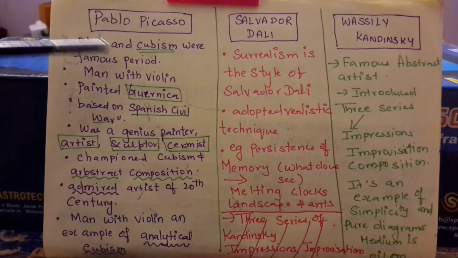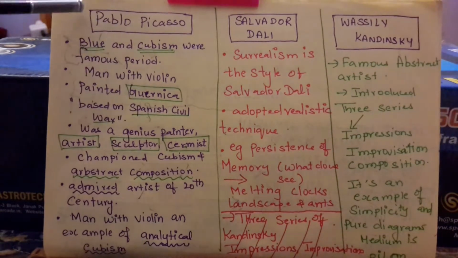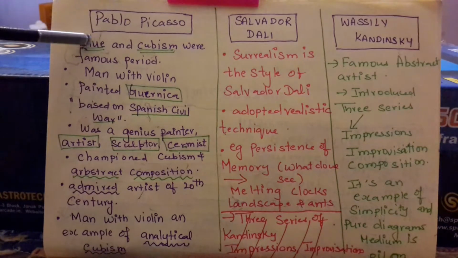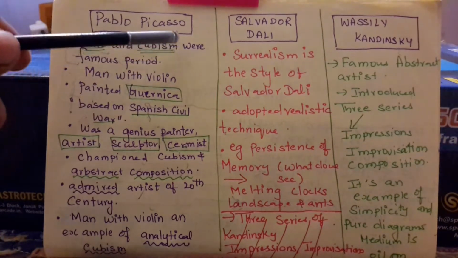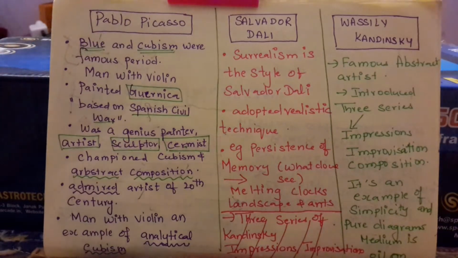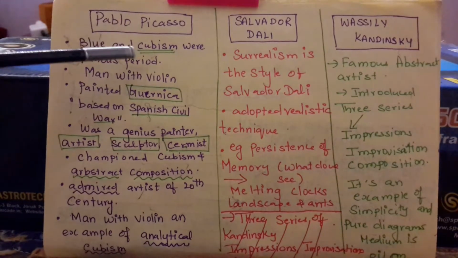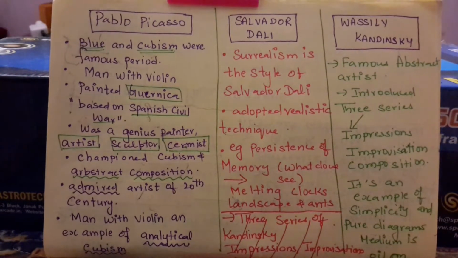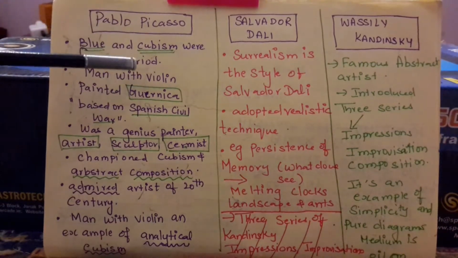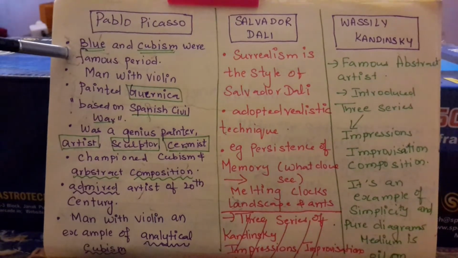Now the two important, famous periods that were championed by Pablo Picasso were Blue and Cubism. So he was also considered the father of Cubism. Apart from Paul Cézanne, who we already know pioneered the Cubism technique, Pablo Picasso was yet another genius painter who adopted Cubism in his painting.